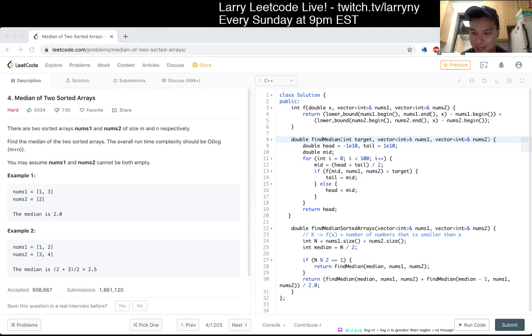Yeah, that's true. That log m plus log n is greater than log of m plus n. I think you have to do something with the arrays, but it's a little weird too, because it is marginally bigger for sure.